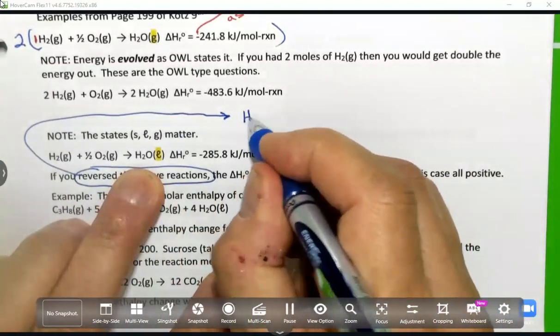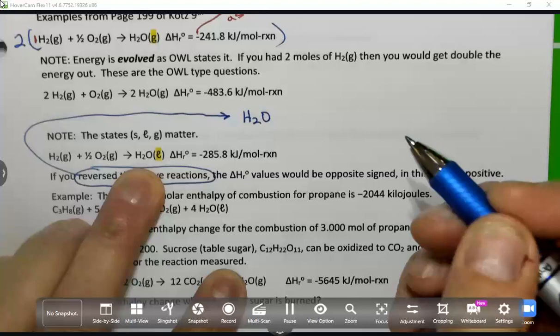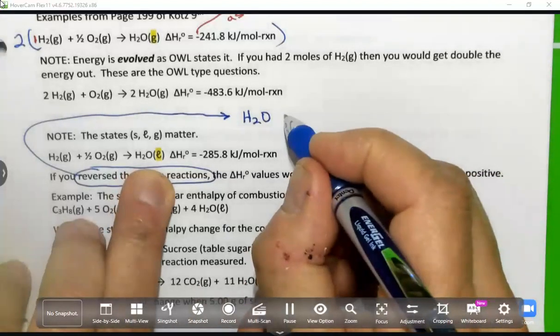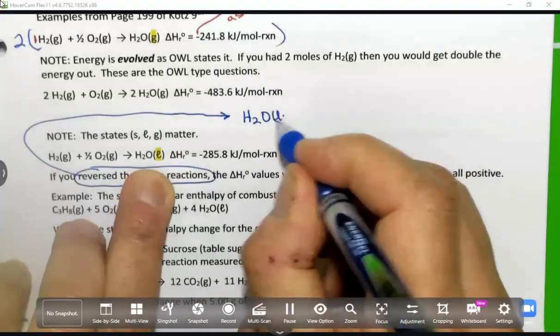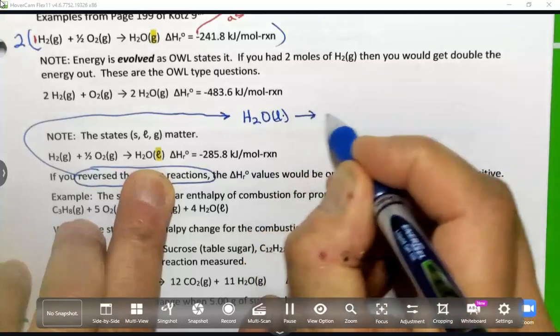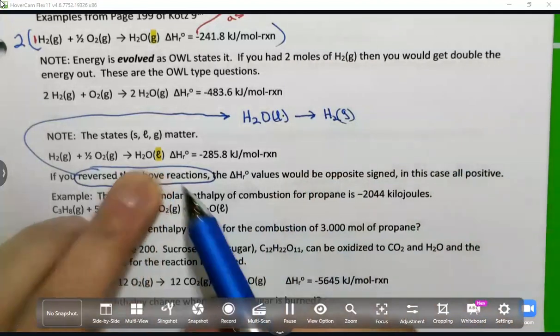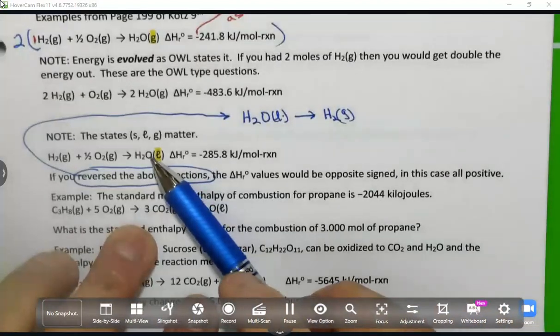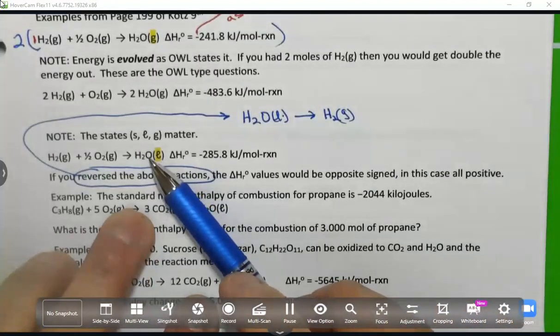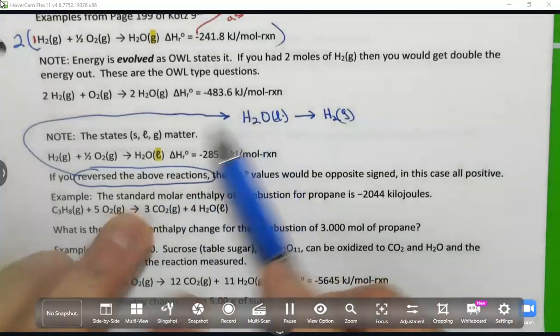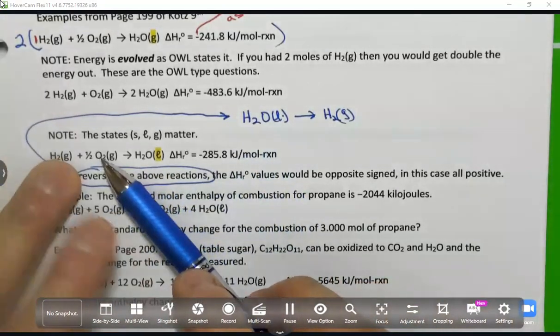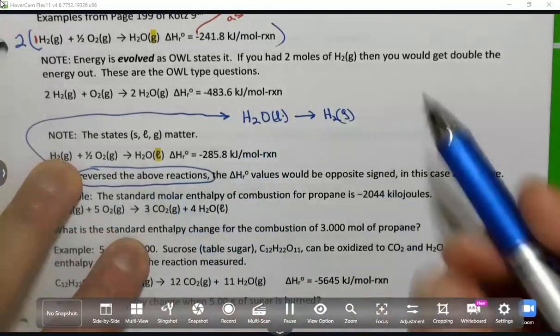I would start with water, and I would end up with hydrogen gas and oxygen gas. All I'm doing is reversing this. So water becomes my reactant. These 2 reactants become my product.